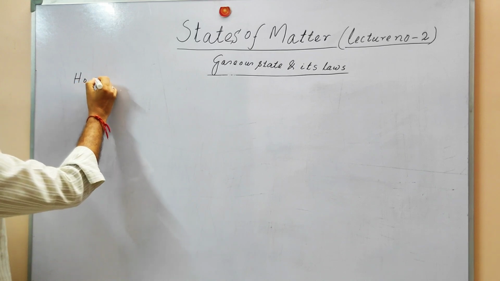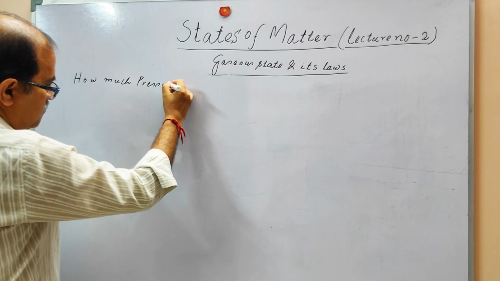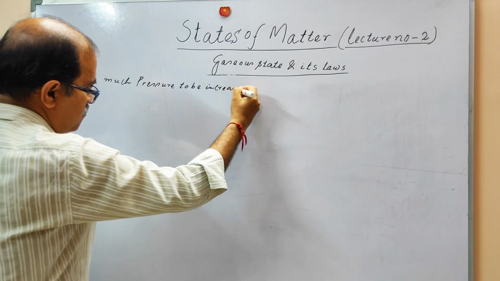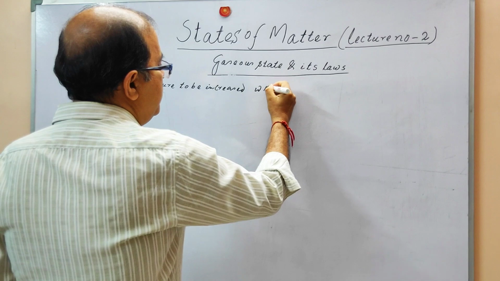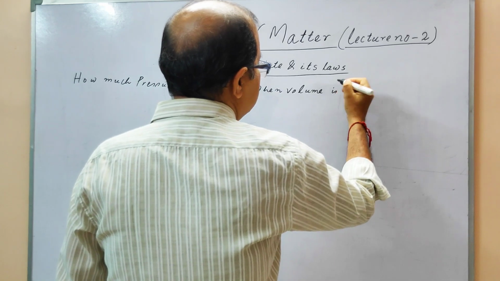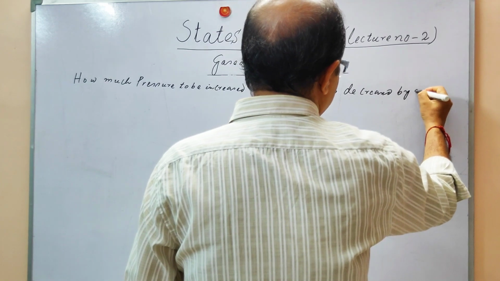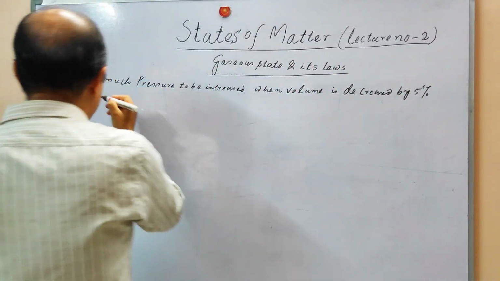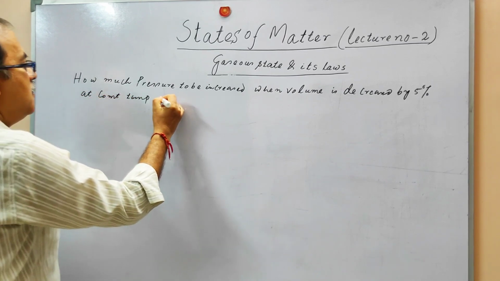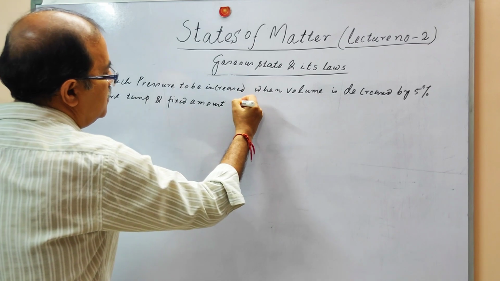Suppose one question: how much must the pressure be increased when the volume is decreased by 5% at constant temperature and fixed amount of gas?